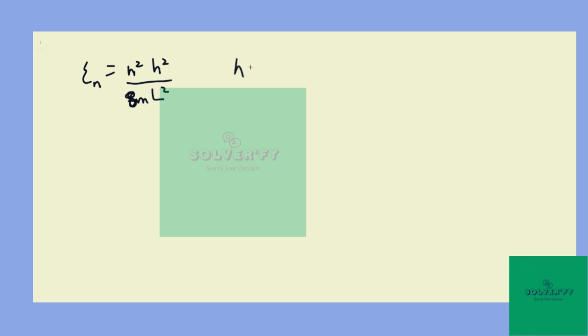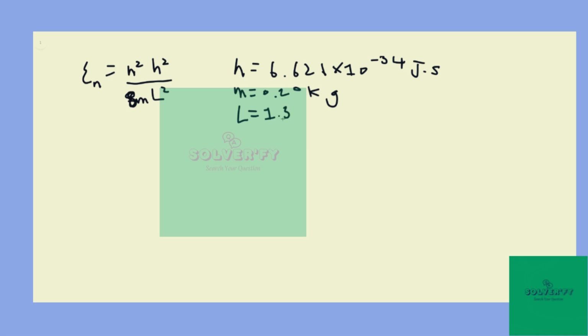So h, Planck's constant, is 6.626 times 10 to the minus 34 joule seconds. It's given in your book. M is the mass of your particle, which is 0.20 kilograms. And L is the length of the box, which is given as 1.3 meters.